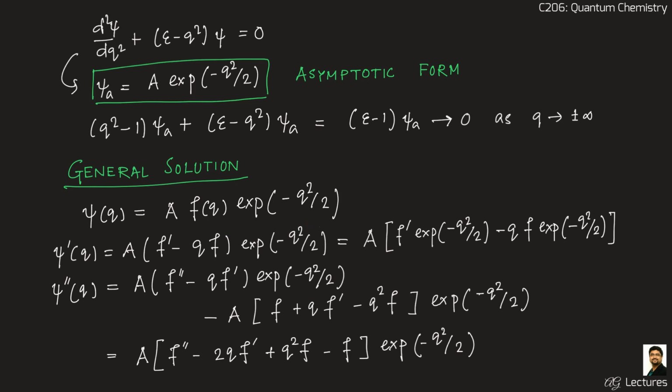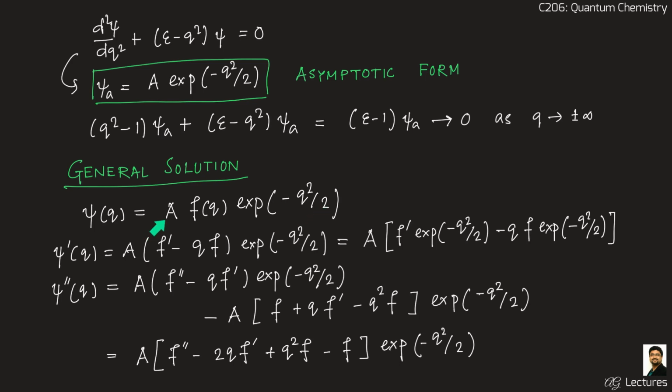This is the assumed expression for psi, and once we plug this psi and psi double prime into this equation, we'll get out of it a new equation involving f, and solving that equation we'll get the expression for f that we need to finally plug in here to get the total solution, because the asymptotic part is already tested to be correct.